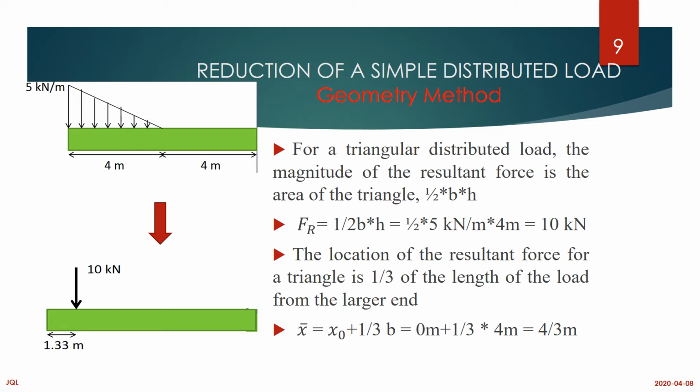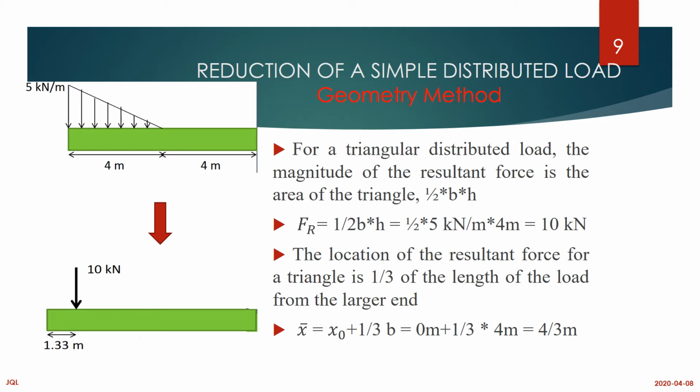For a triangle, we all know the area of a triangle is half bh, the breadth and the height, right? So in this case, I've got a situation where we have 5 kilonewton per meter, starting from 0, and we get the area, which is going to be 10 kilonewton. The location, we use the same equation, which is x0 plus 1 over 3 b. Where is that 1 over 3 coming from?